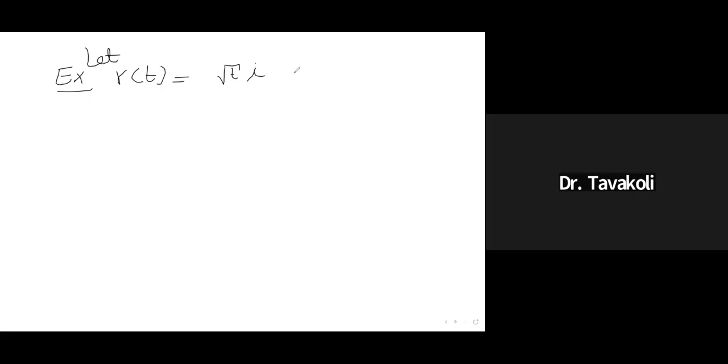So plus radical of 4 minus t squared j. So it's a curve in the plane. We don't have k here, just i and j. And I want to find the domain, the domain D.